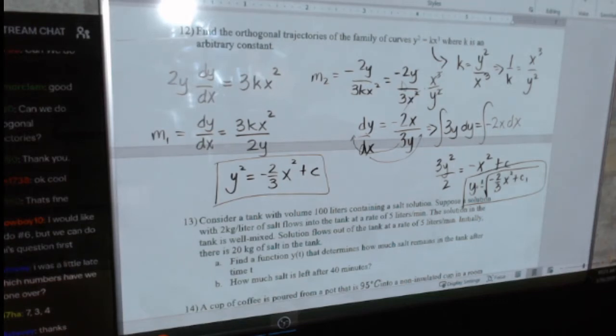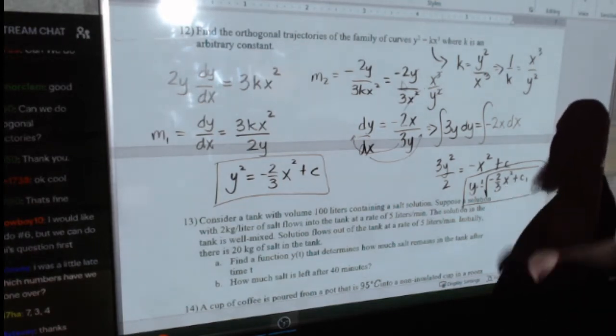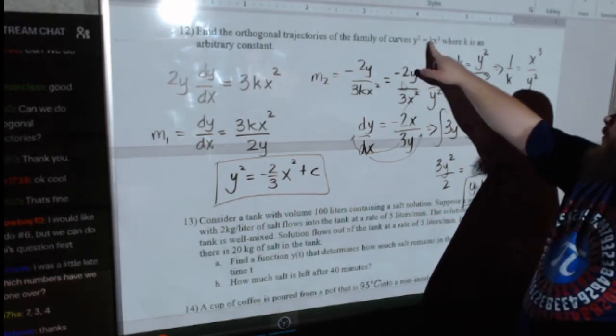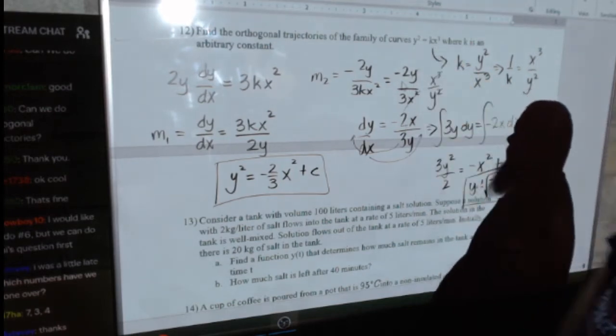So according to this, it looks like if y equals the square root of a squared term, it should be orthogonal to y equals the square root of a cubed term.